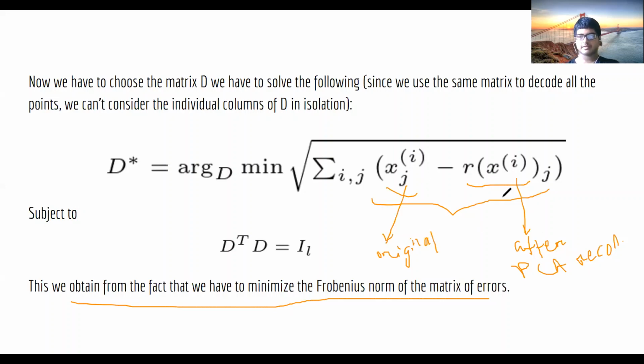So the error is going to be this thing. I guess I have missed the square here. You can take the square or not, that doesn't matter. We have to finally take the norm of it. Let's take the square, that is of no issue, but the square is best. Fine, subject to D transpose D equal to IL, because we have considered D as an orthogonal matrix while encoding.